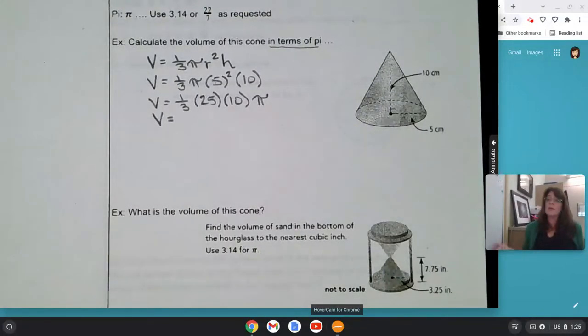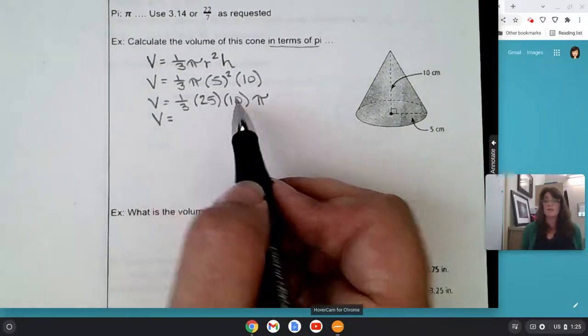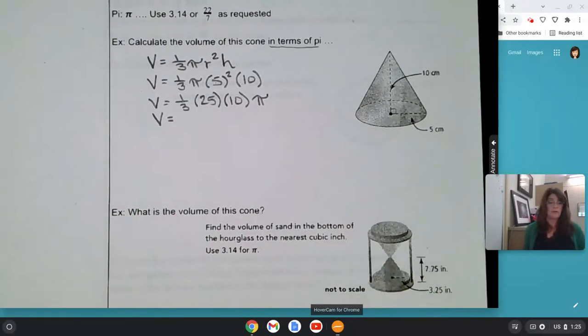Now, here's where you have a little bit of room. 25 times 10 is 250. I already know that. Okay. So I could do a couple things. I could do 10 times 25, get 250, and just divide by 3. Okay.